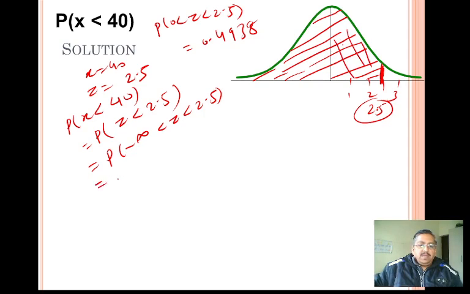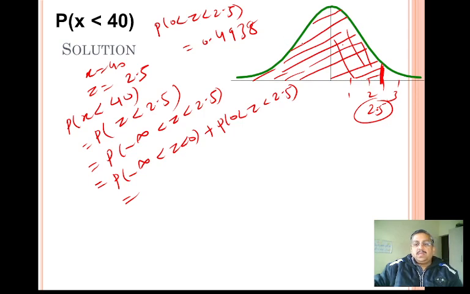What about the value of this part? For that, can we write this as the sum of two parts, that is minus infinity to 0 plus 0 to 2.5, right? And we all know that the sum of all this area is equal to 1, and this part is symmetrical to the other. That means the left negative axis is symmetrical to the positive axis. So this part is 0.5.